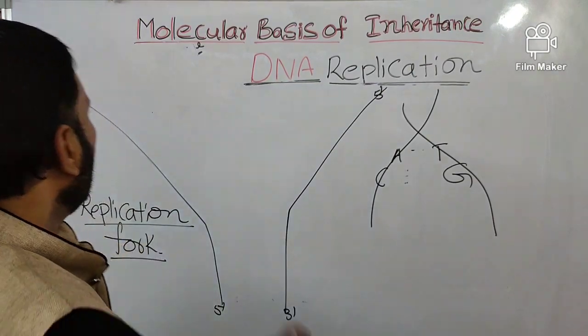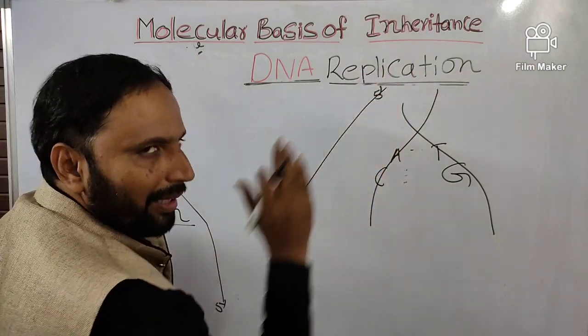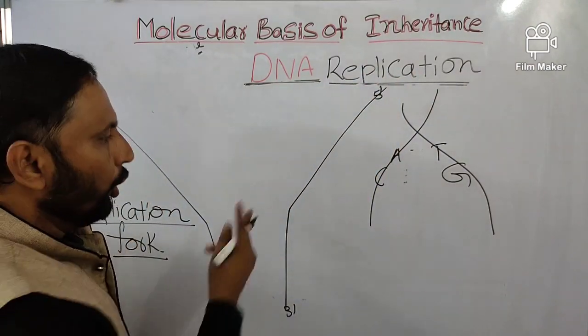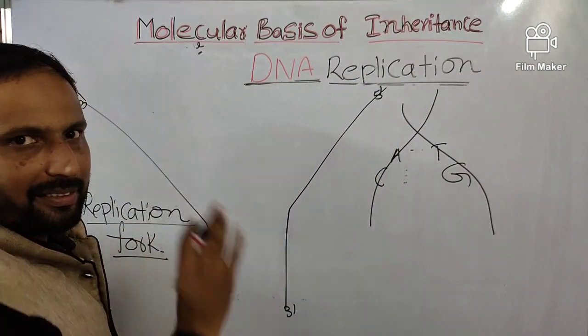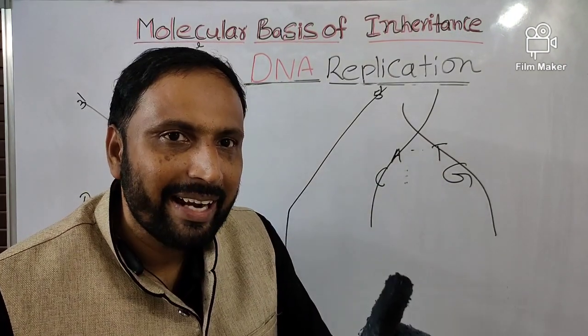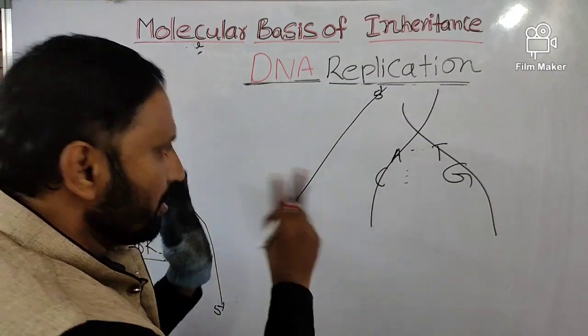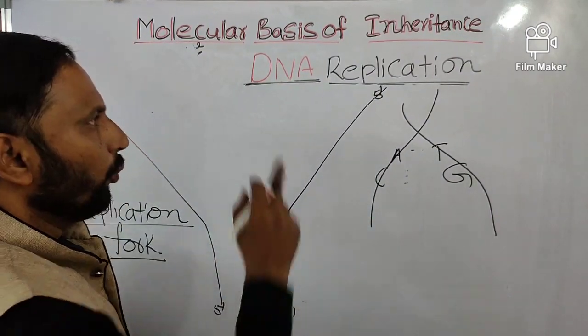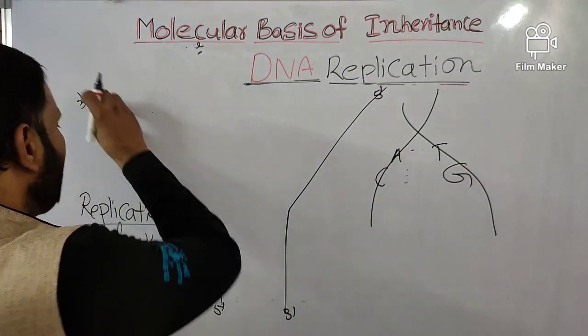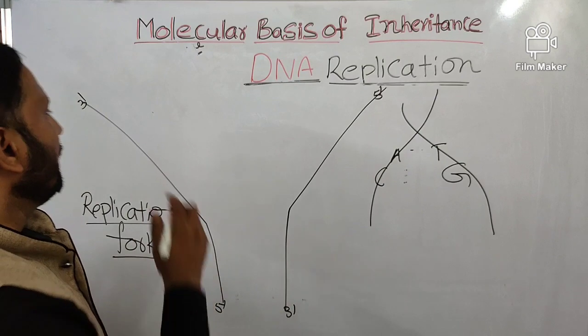It is clear. Now, especially in DNA replication, which is autocatalytic, two strands act as template. Whereas in transcription, only one strand acts as template, the 3 to 5 prime strand. But here two strands act as template. So when replication takes place, first we are discussing the 3 prime to 5 prime strand.